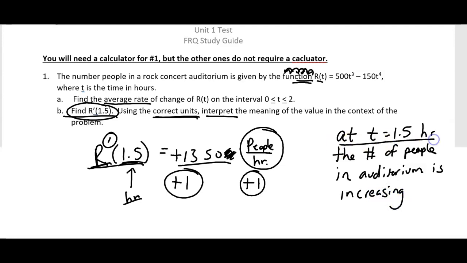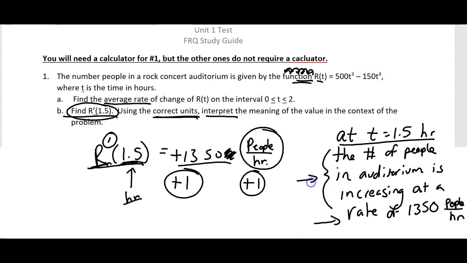So, part 1, part 2, and then finally part 3: at t equals 1.5 hours, the number of people in the auditorium is increasing at a rate of 1,350 people per hour. And there's the last part. So we have our three parts: input units, output units, and context. So at t equals 1.5 hours, the number of people in the auditorium is increasing at a rate of 1,350 people per hour.